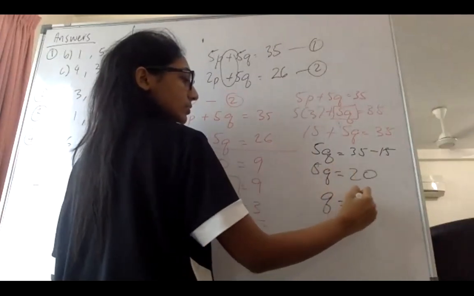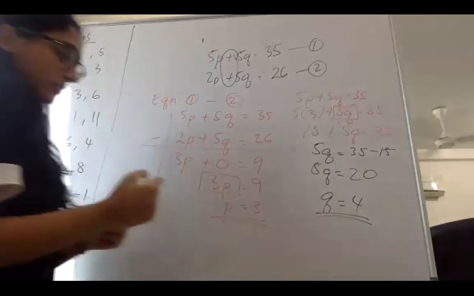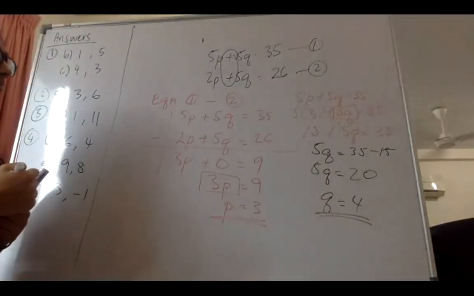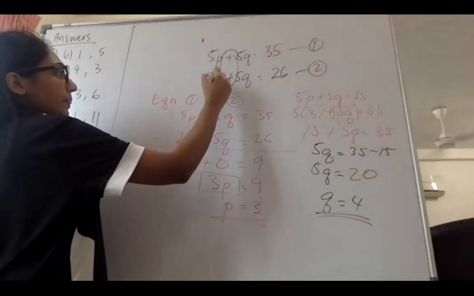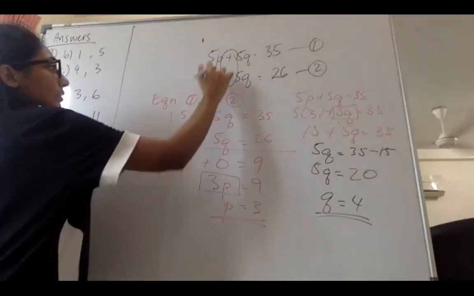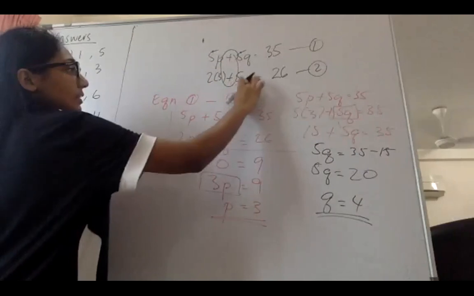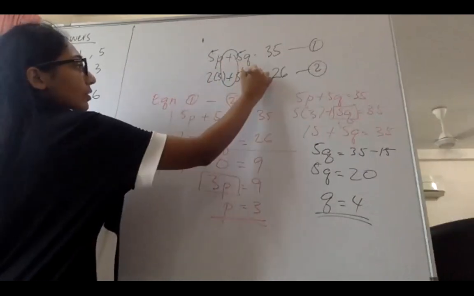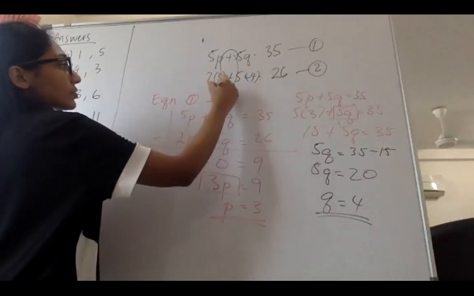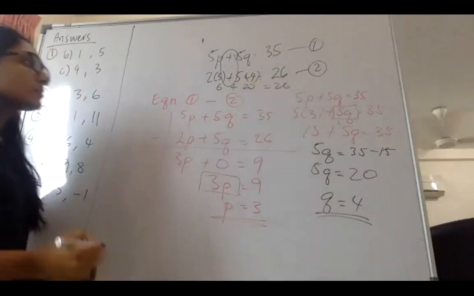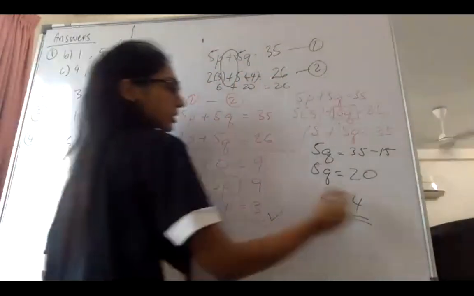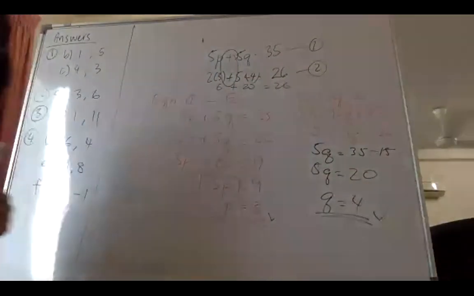Q is equals to 4. If I put P is 3 and Q is 4, 2 times 3, 6, plus 5 times 4, 20, that gives me 26. So P is 3, Q is 4.